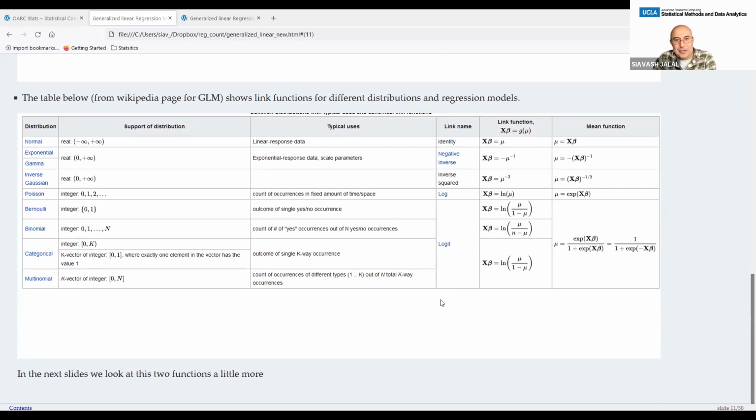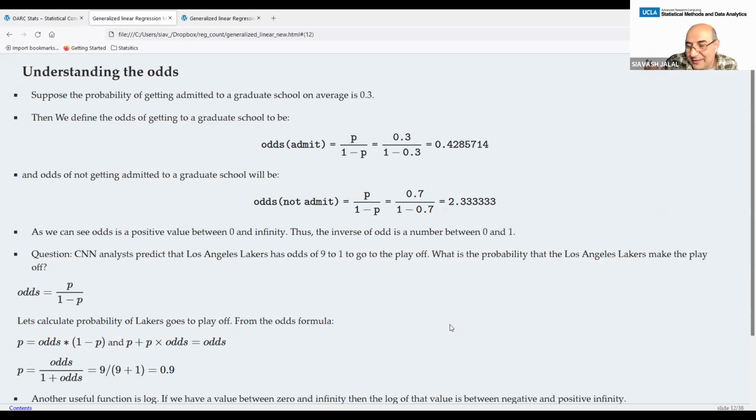So two functions, I said that we look at a little more, which are Bernoulli and Poisson. Now look at the odds from before. We want to really understand that link function.